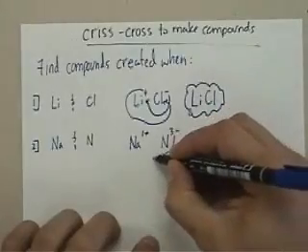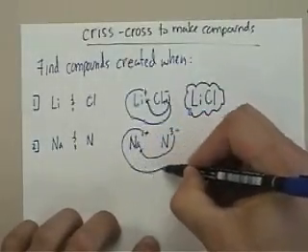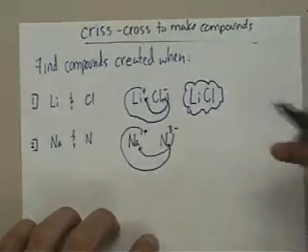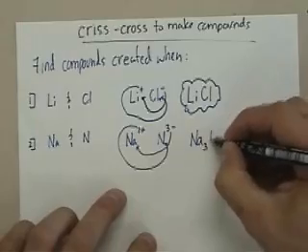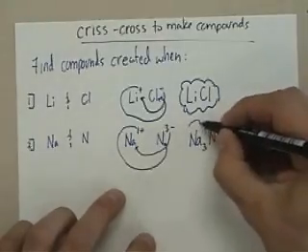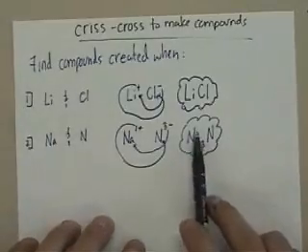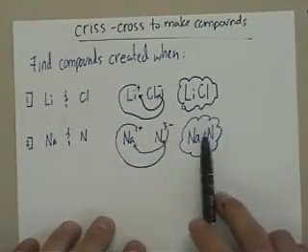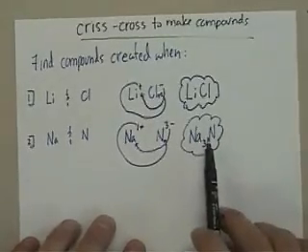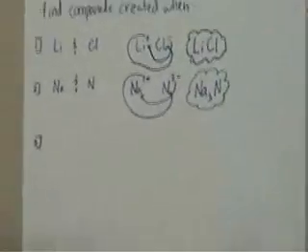We take the 3 minus, and the 3 goes there, and the 1 plus, the 1 goes there. So this becomes Na3N, with a 1 that you don't bother putting down. That means that you need 3 sodiums and 1 nitrogen, and they'll combine together, and they'll both end up being stable as a result.